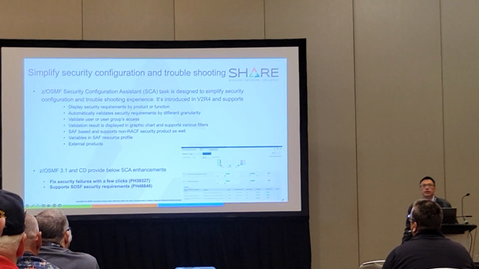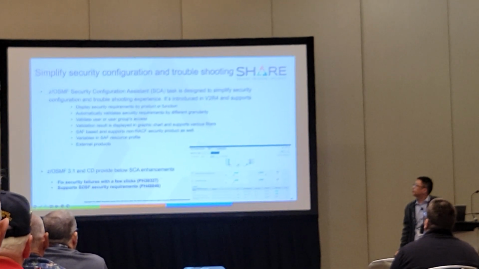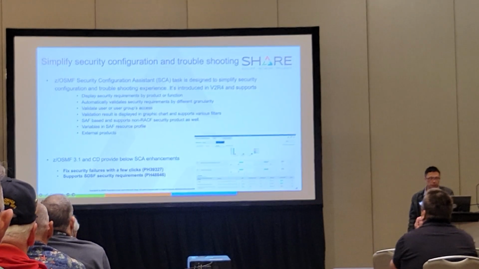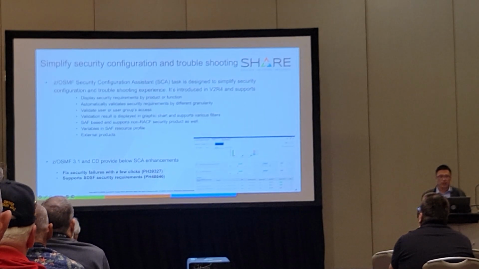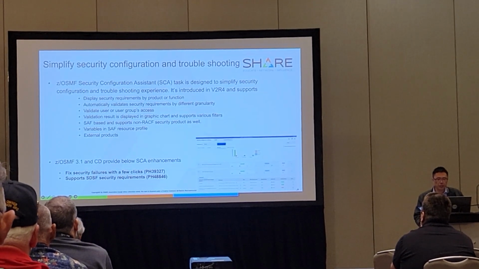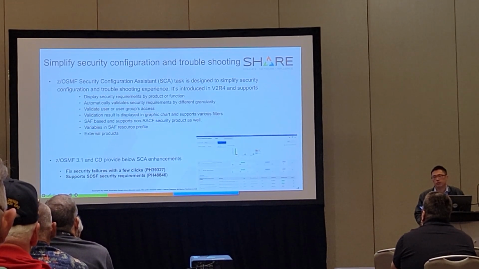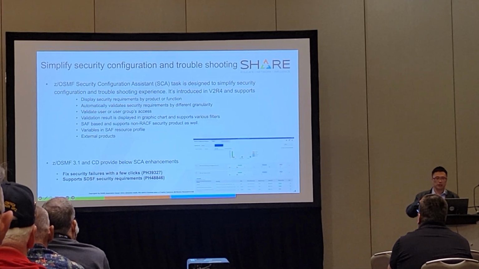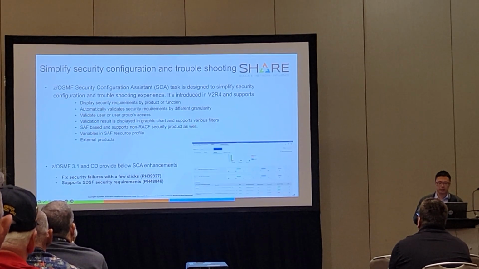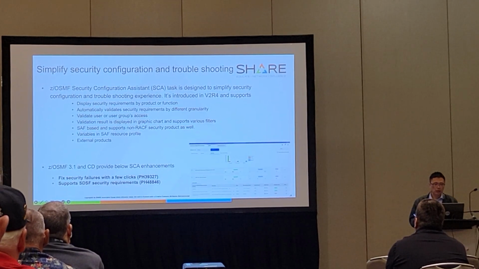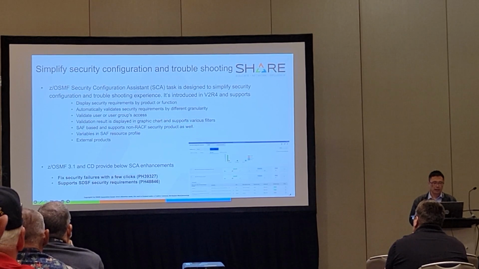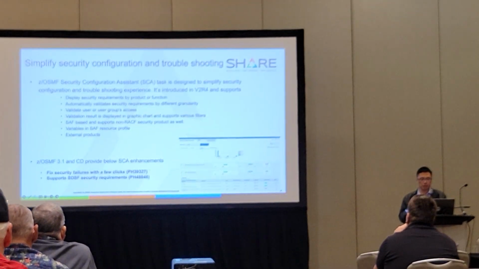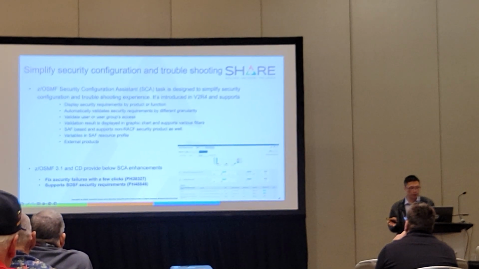Okay, so the next thing is about the security configuration area. Specifically, it's about an enhancement of the Security Configuration Assistant plugin. This is a plugin that we initially designed to help with z/OSMF security configuration. However, the framework is generic, which is why we already support external products. Basically, this plugin is able to display resource-based security requirements by product or by function.